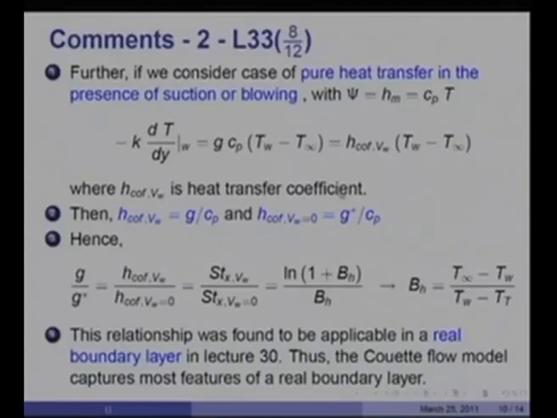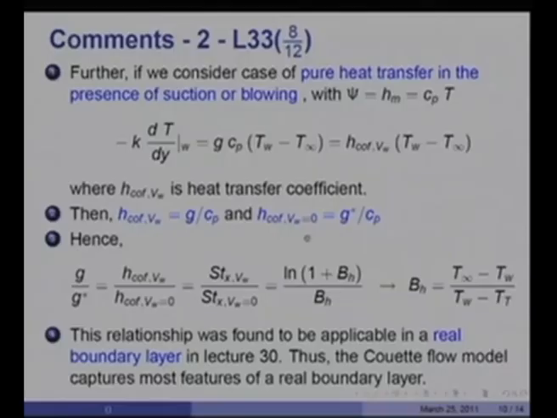So, that is what the heat transfer coefficient is, and therefore, we deduce that the heat transfer coefficient for finite Vw is nothing but g by Cp, and likewise h of Vw equal to 0, that is in the absence of mass transfer, would be equal to g star by Cp, because g star is the value of g when Vw is equal to 0.